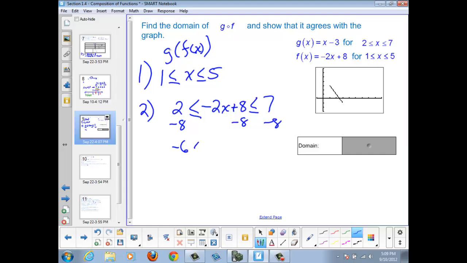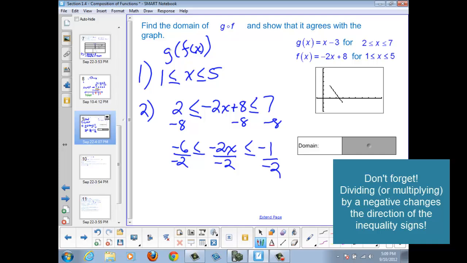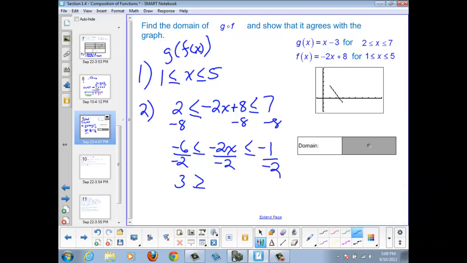I get -6 less than or equal to -2x, which is less than or equal to -1. Then I divide by -2, remembering that when I divide by a negative, I switch the direction of the inequalities. So I get 3 greater than or equal to x and greater than or equal to 1 half.